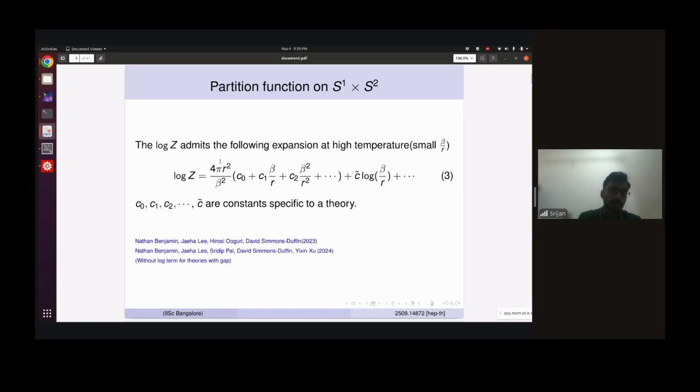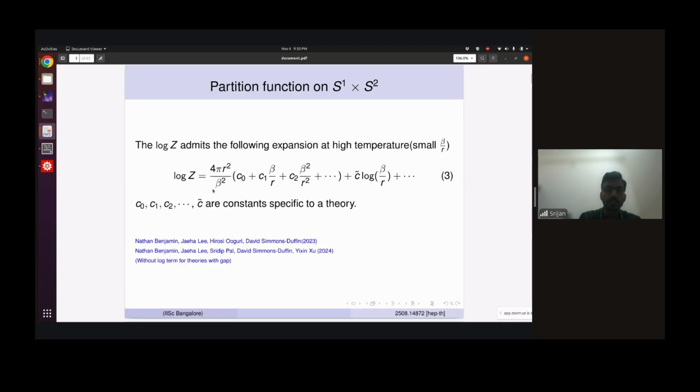We know that it has to be an extensive quantity at high temperature, so the volume just factors out, and to make it dimensionless you need beta squared in the denominator, and c0 is a constant which is specific to a theory.